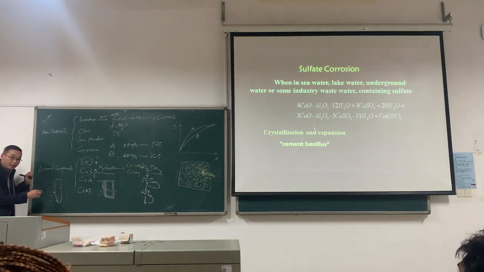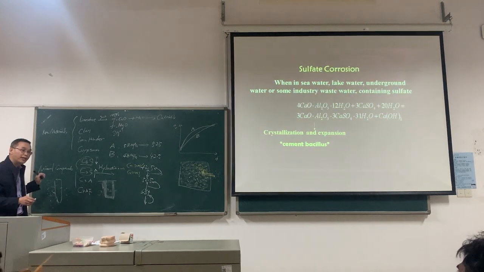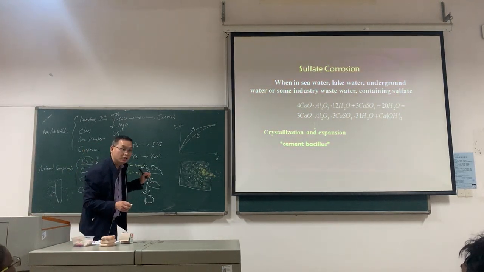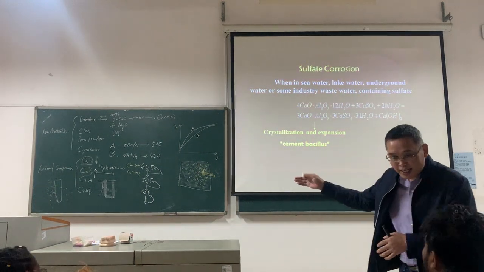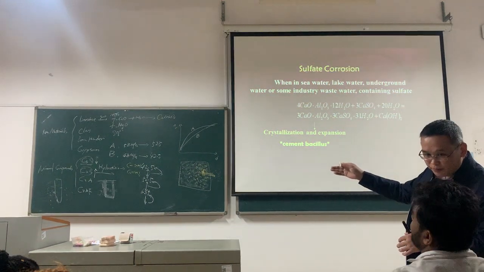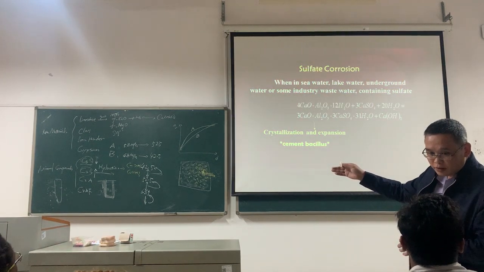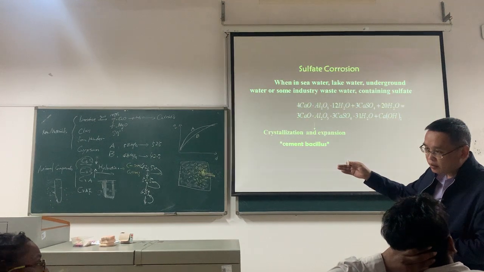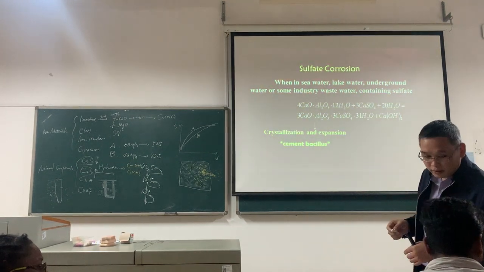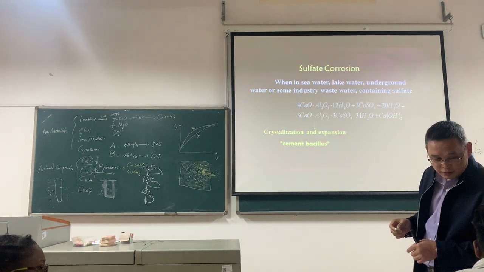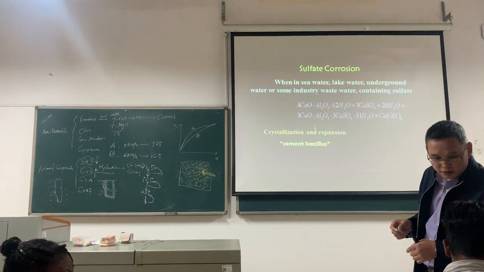So how can we use painting on a cast-in-place pipe? How can we use painting to protect the pipe? If I use the cast pipe, I make a board and I put concrete.